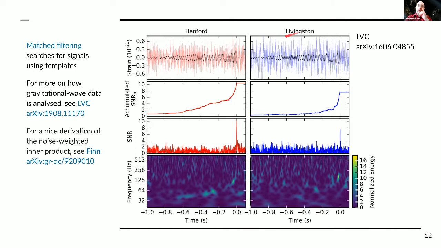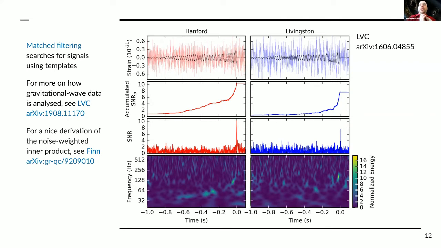This was during O1, so before Virgo came online, before we had KAGRA in the network, so just the two detectors. Just looking at the noisy data by eye, you would not necessarily be suspicious that there's any signal in this data at all, right? There's no pattern of wiggles that can be clearly identified because there's so much noise on top of it.